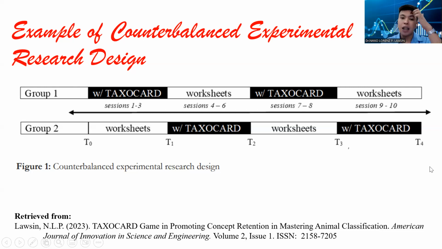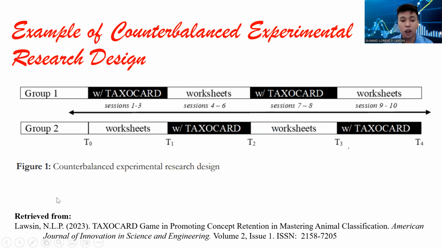So the logic behind the counterbalance experimental research design, number 1, is to avoid bias. Number 2, since it's a counterbalanced alternating implementation of the intervention, you can say that the first phase just tests the effectiveness, while the second phase, or the later part of the experiment, shows the reliability of the scores.